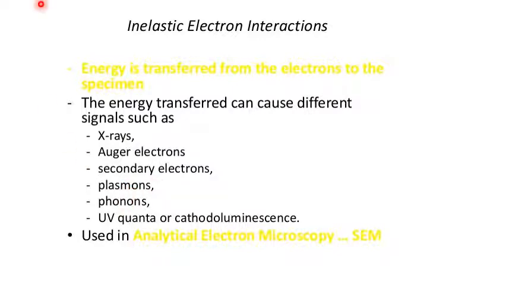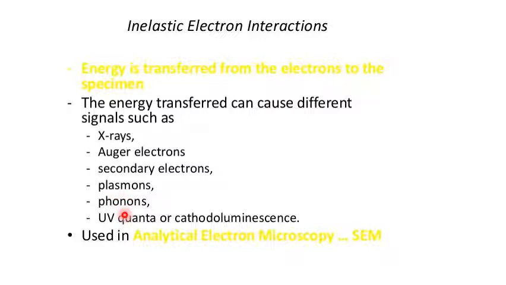Plasmons can be produced. A plasmon is the quantum of plasma oscillation. In the case of metal, there are free electrons and positive ions, so this can be considered as plasma. And this plasma is oscillating, and the quantum of this plasma oscillation is called a plasmon. In the same way as the quantum of light is called a photon, the quantum of plasma oscillation is called a plasmon.